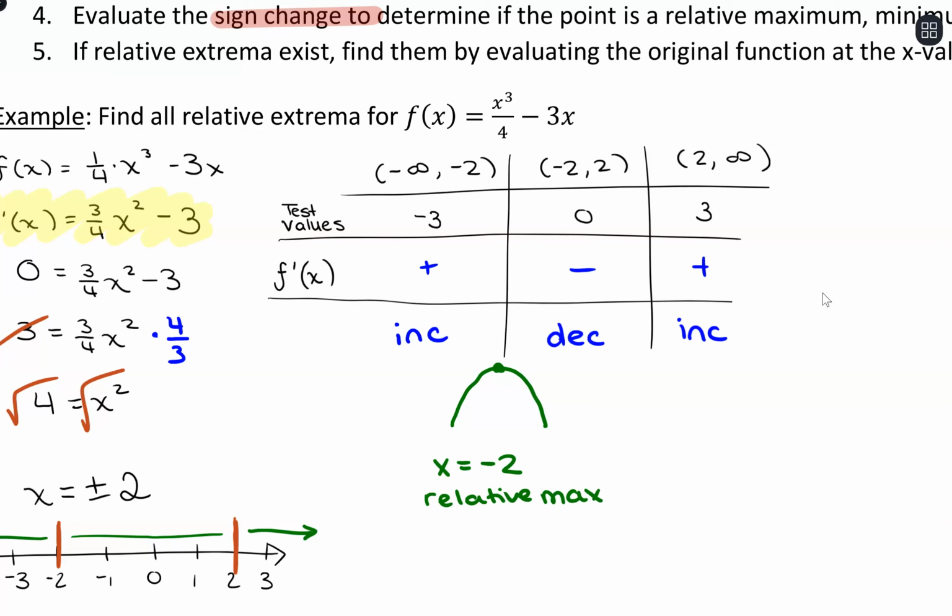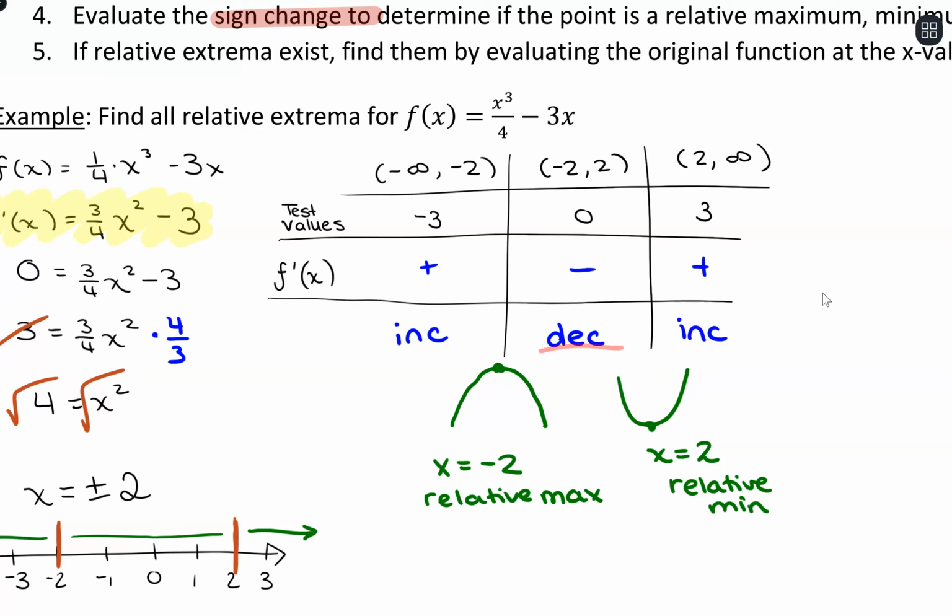Then over here, we're switching from decreasing to increasing. So in that spot, we're seeing this for our graph, which means we're seeing a relative minimum. So at x equals +2, we're seeing a relative minimum. So with each of these, we saw a change in behavior. That means our relative minimum and maximum exists.